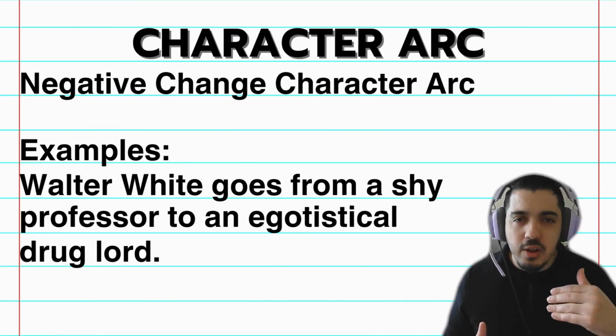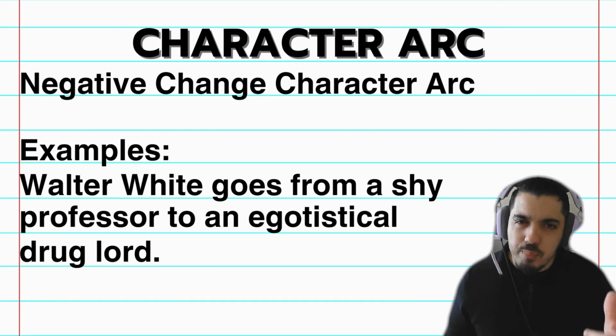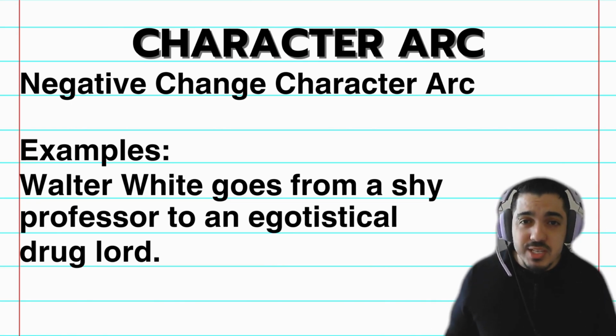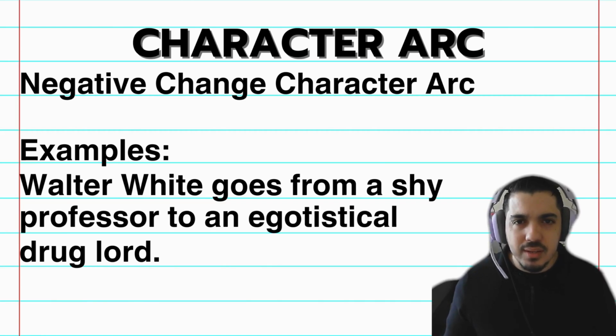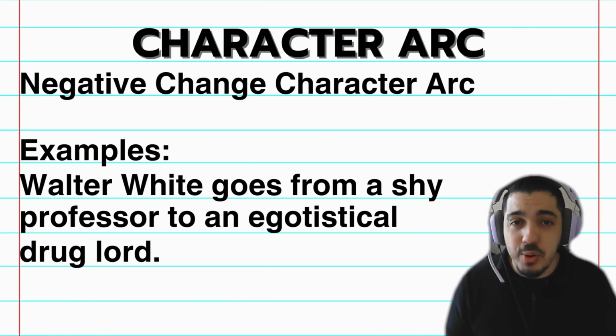And then he starts to fall into this egotistical mindset where he's smarter and better than everyone else. He can outthink anybody. And he becomes this egotistical drug lord, and he goes from this sweet guy to just like, who is Walter White now? You know, like, wow, what a change. And that is a negative change character arc that Walter White goes through.